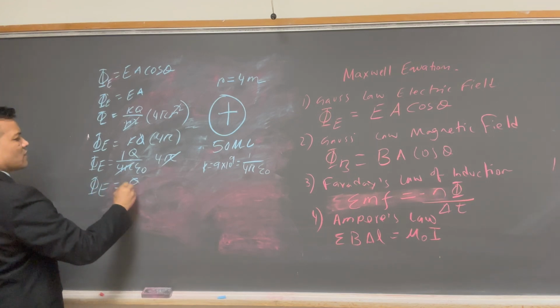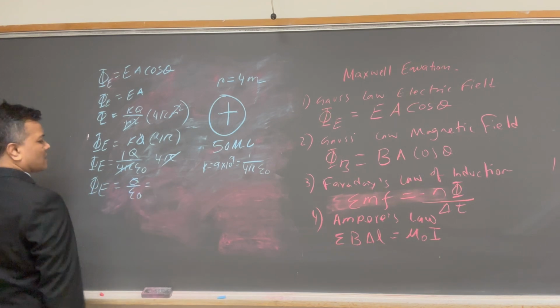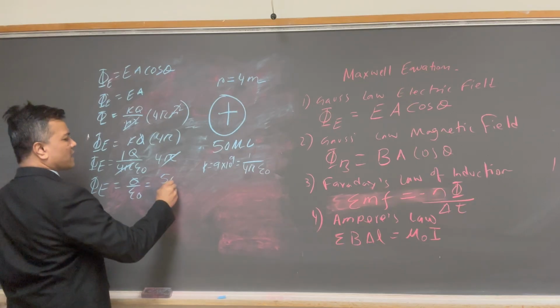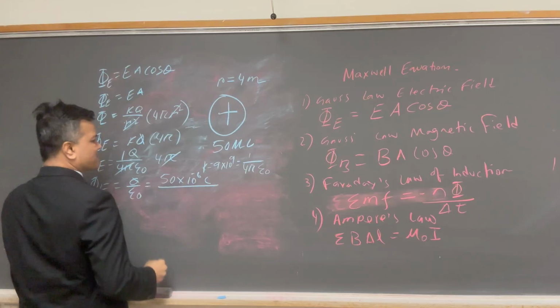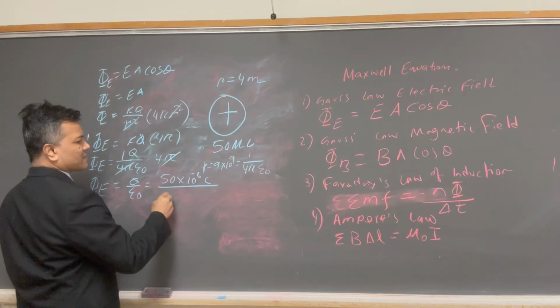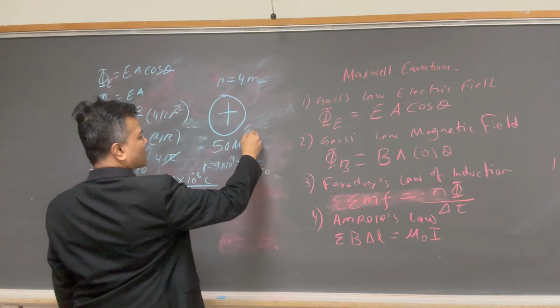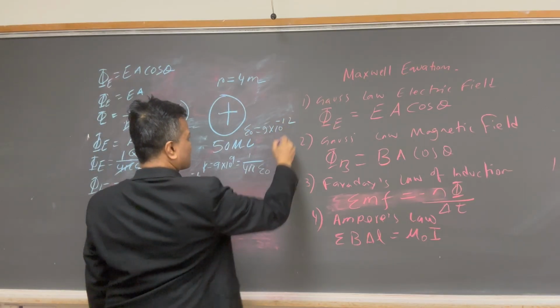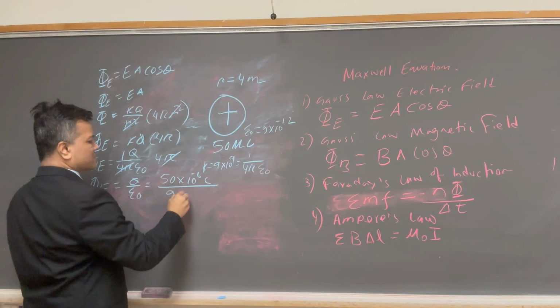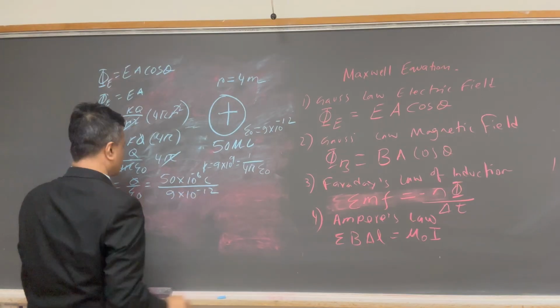QE is equal to Q over epsilon. Q is 50 microcoulomb, and epsilon is 9 times 10 raised to negative 12.